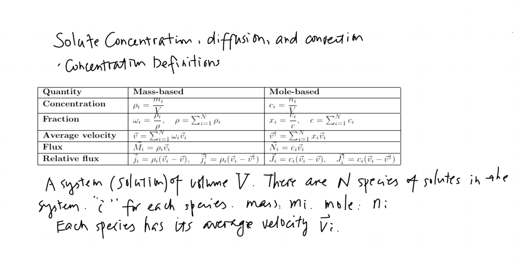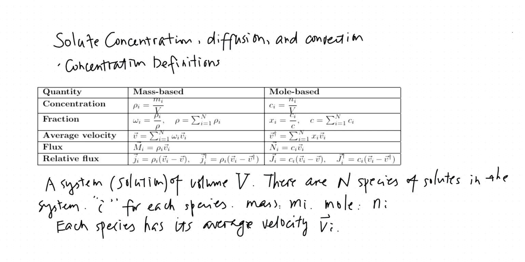And this is the same C. The definition is the mole amount divided by the volume. And then we can define molar fraction as Xi. It is defined by the molar concentration of each species divided by the total concentration from all species.